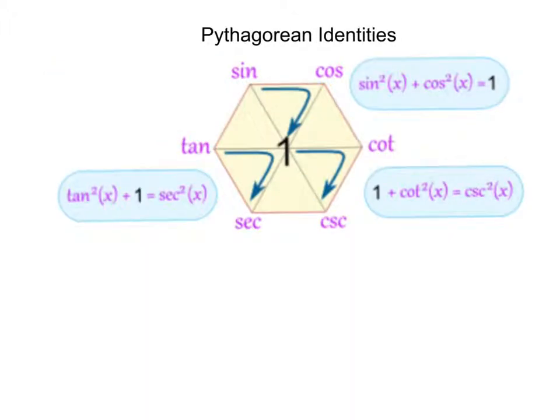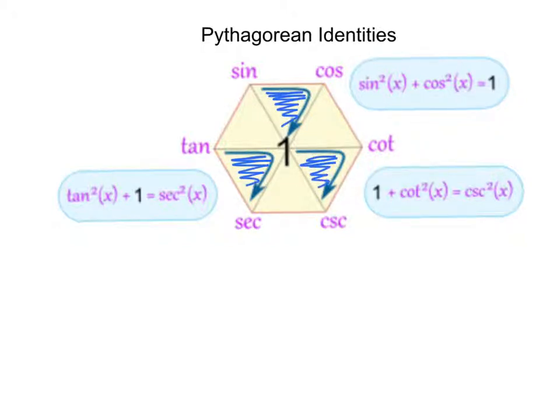Next, we have the Pythagorean identities. There's 3 sets of Pythagorean. Not every triangle in this hexagon is a legit Pythagorean identity. It's only the 3 that we will shade, represented by this one and these two on the bottom.